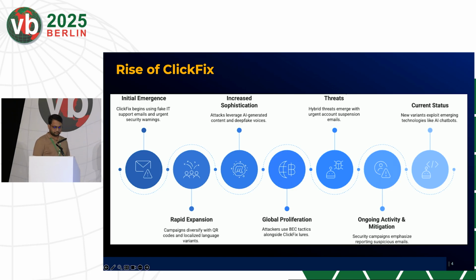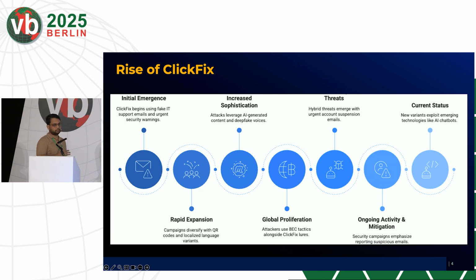This campaign started out using fake IT support emails and business urgency. It was first seen in the first phase of Q1 2024, designed to trick a user, but it quickly adapted as organizations improved their defenses. Then it moved to the next stage, QR codes and localized language variants.